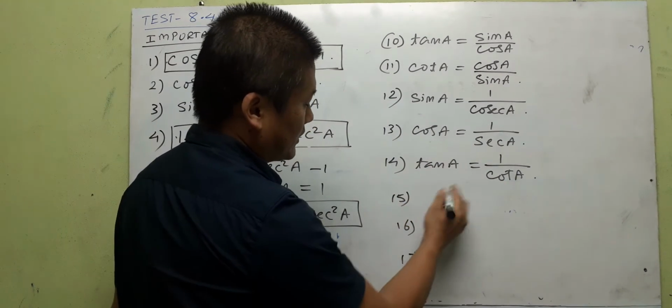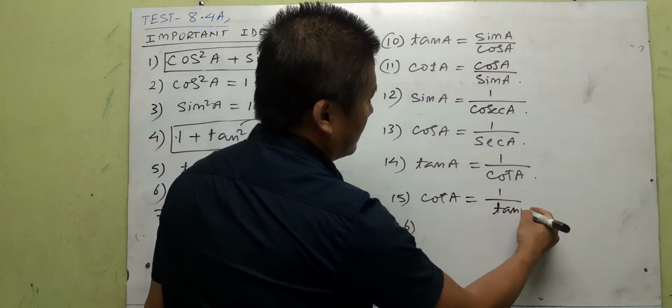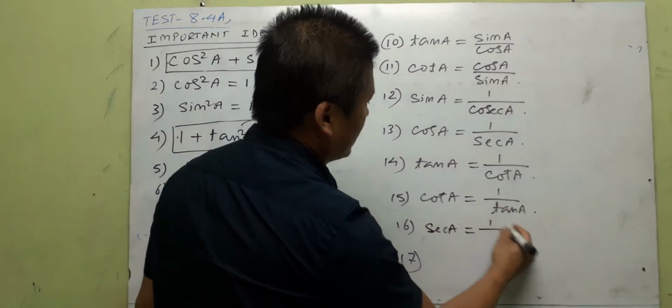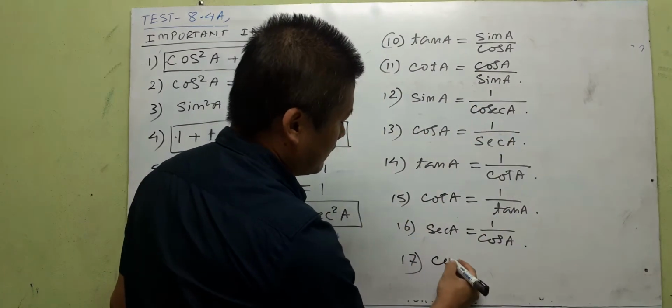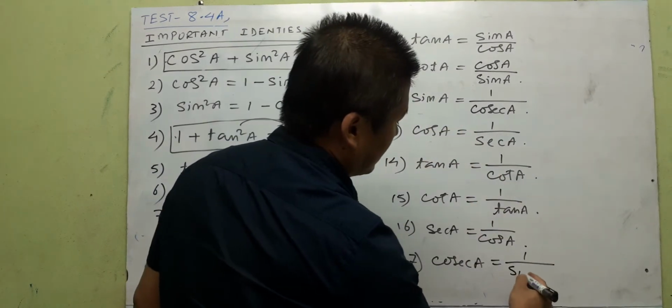This one reciprocal is here, cot. So you write your 1 by tan A, very easy. And here, sec A will be 1 by this one, cos A. And this one, cosec A equal to 1 by sin A.